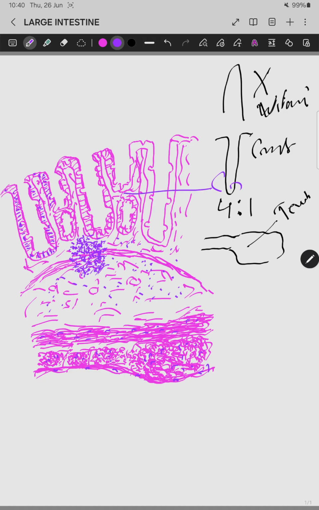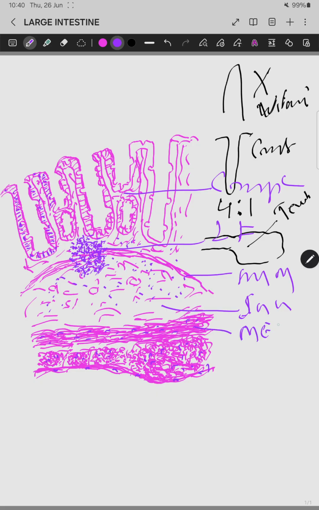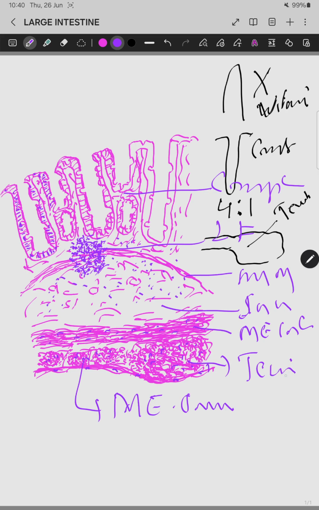So these are the crypt, this is lymphoid follicle, this is muscularis mucosa, this is submucosa, and this is the muscularis externa inner circular layer, and this is muscularis externa outer longitudinal layer, and this is tinea coli.